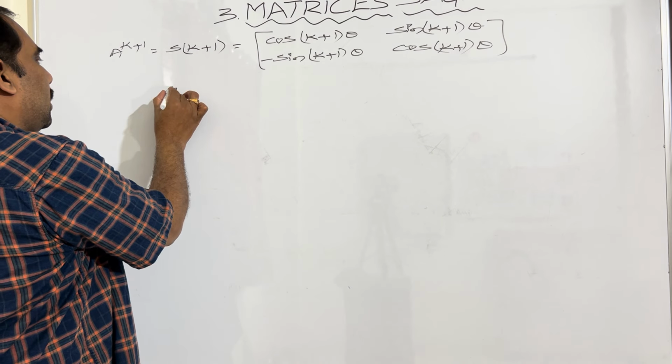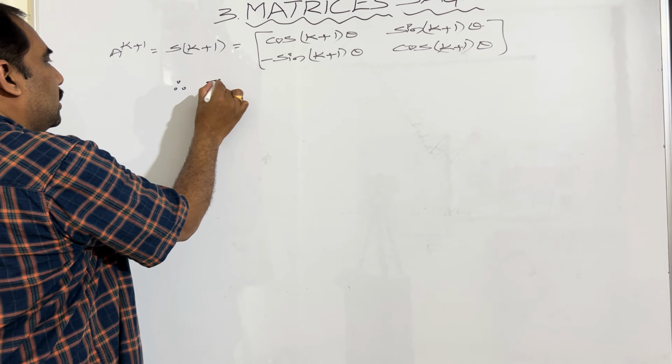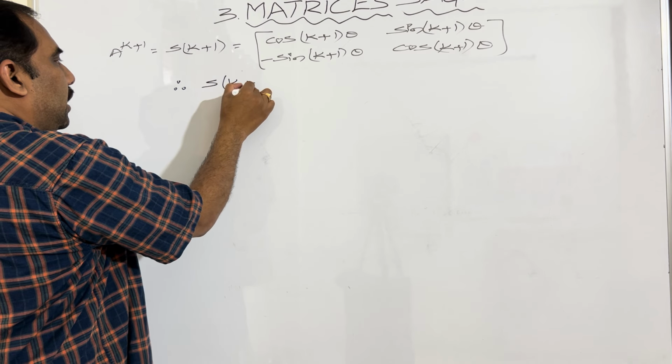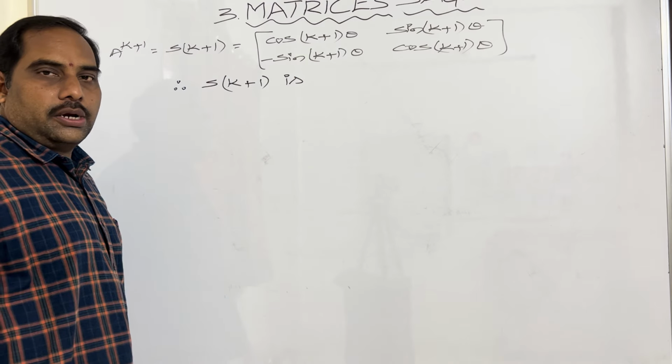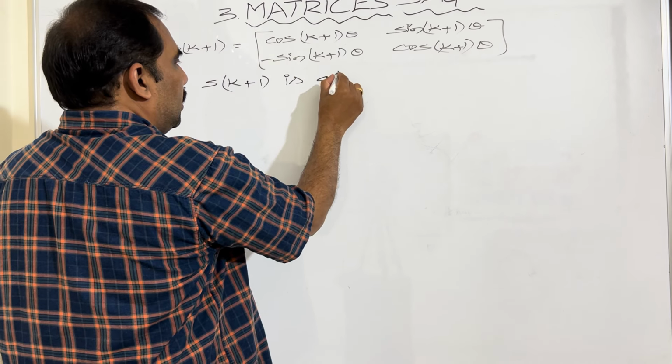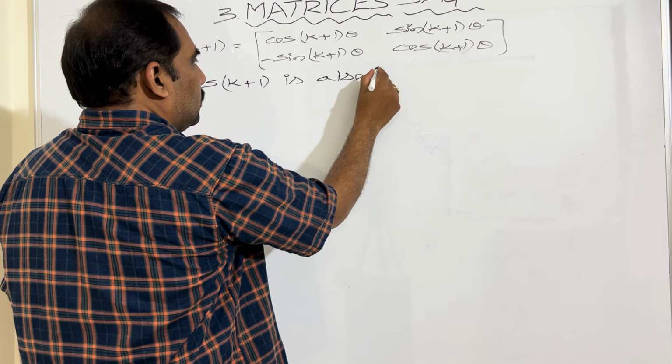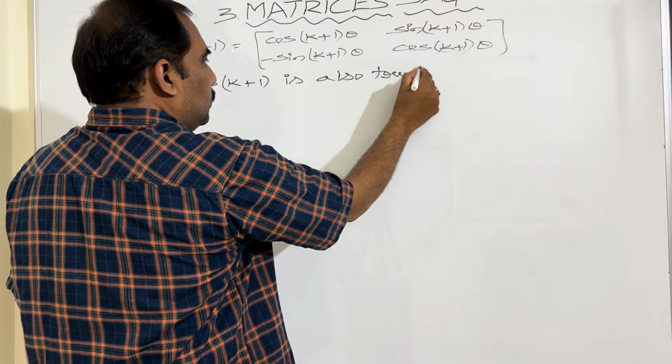See, observe that wherever k is there, or wherever n is there, we get k plus 1. So after getting like this, we can write that the statement is true for n equal to k plus 1 also. S of k plus 1 is also true.